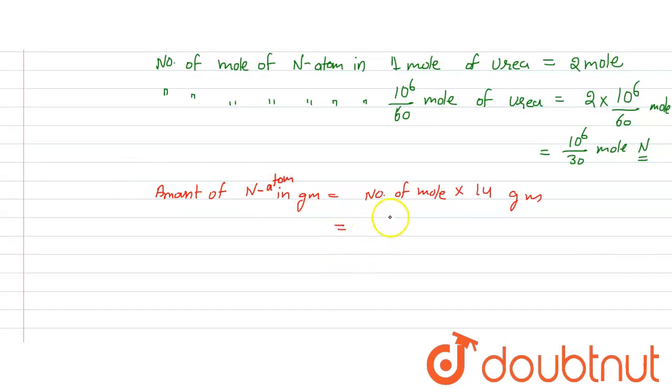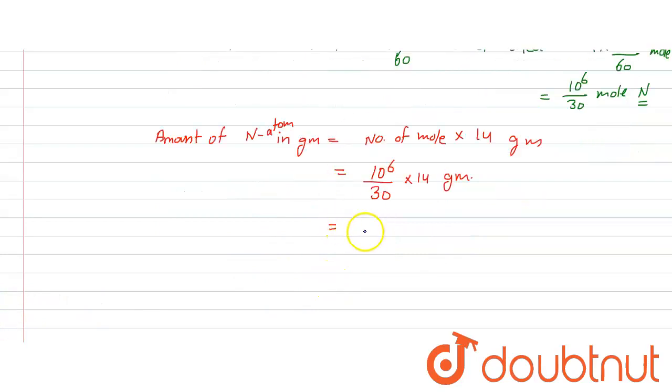So it is equal to 10 to the power 6 divided by 30 into 14 gram. So it is the amount of nitrogen in gram.